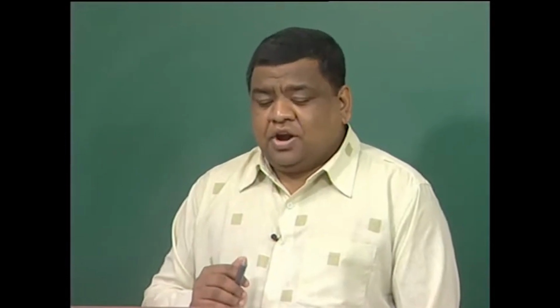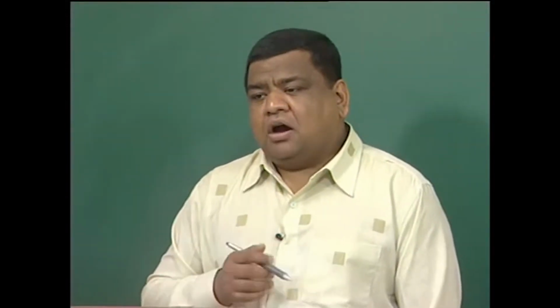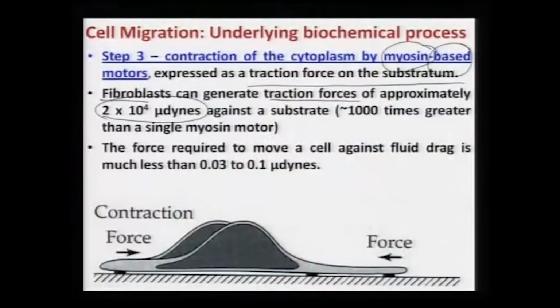Dyne means gram per centimeter square, and 2 into 10 to the power minus 2 dyne means 0.02, right, 0.02 gram per centimeter square. So, you can understand what a small amount of force you require in order to move a cell on the substrate. And the force required to move a cell against a fluid drag is much less.